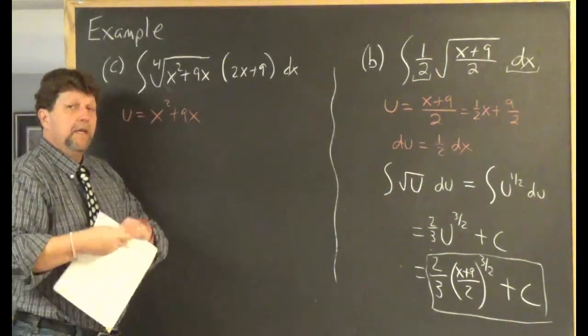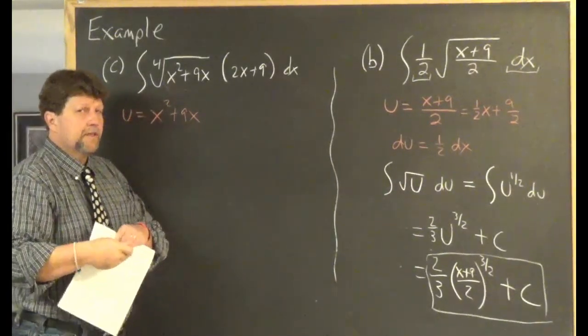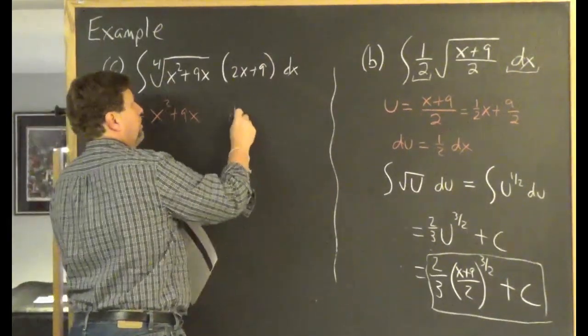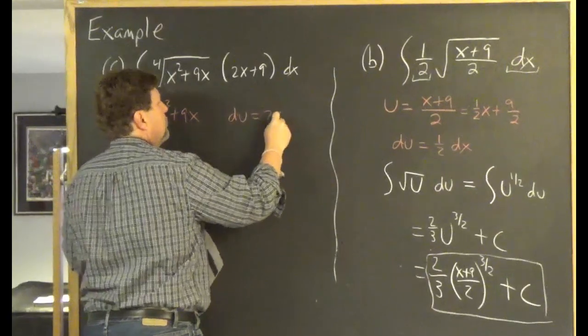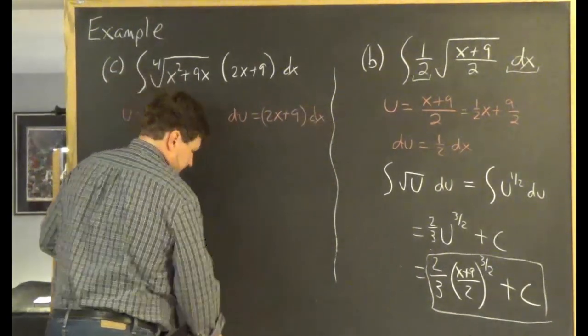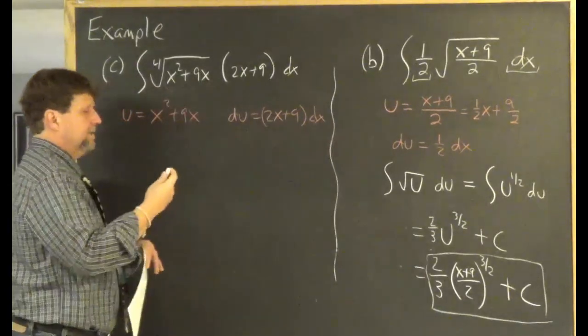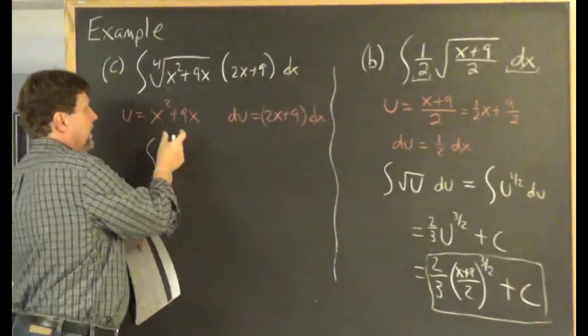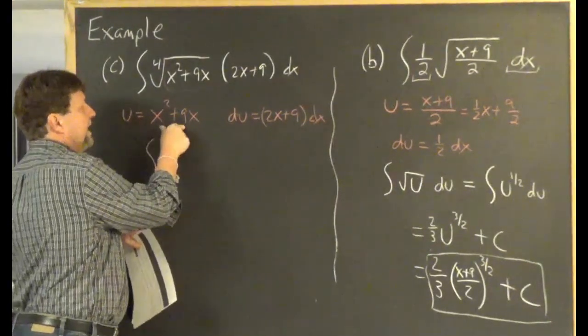Now I have to immediately compute the derivative of u. This isn't an option. You must always do this. So the derivative of u, du, is 2x plus 9 dx. So now I go through the process of substitution. I always do my u sub first. So u is x squared plus 9x.